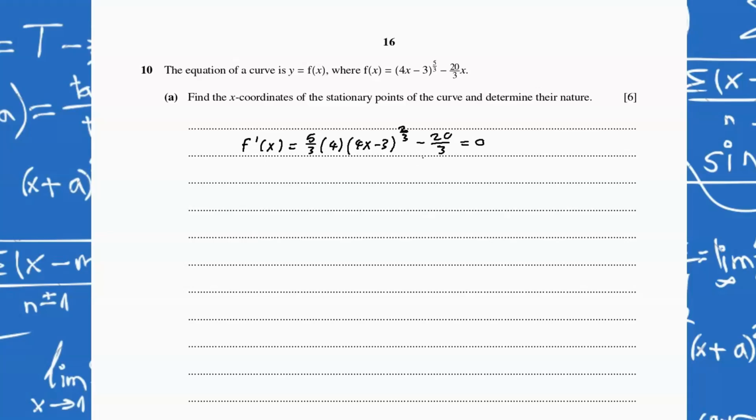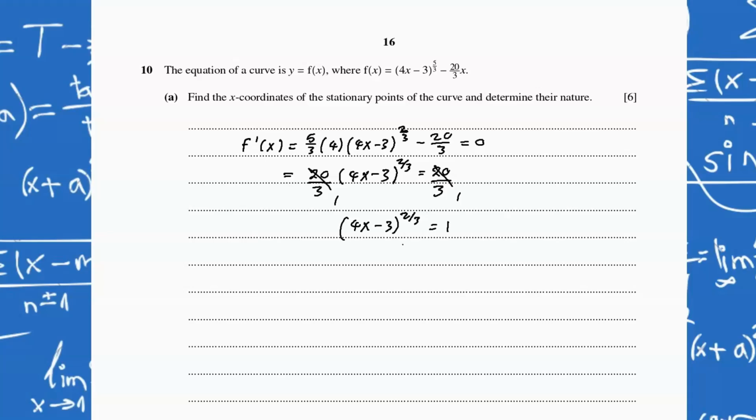All right, so this is as good as 20 over 3 of 4x minus 3 to the power of 2/3, and it's equal to 20 over 3. Divide both sides by 20 over 3, so we'll have 4x minus 3 to the 2/3 is equal to 1.